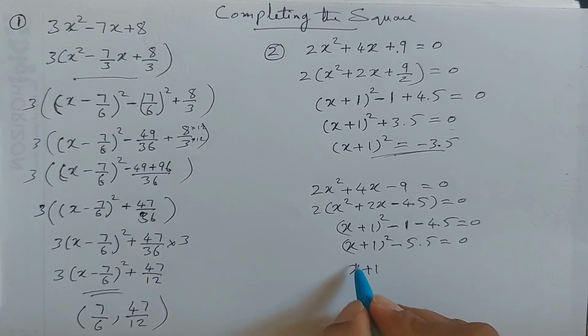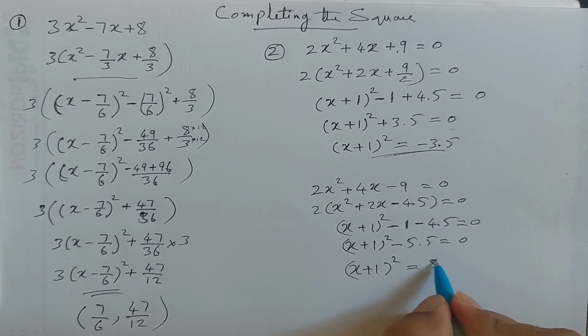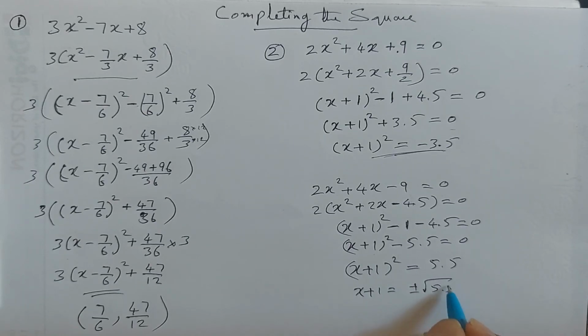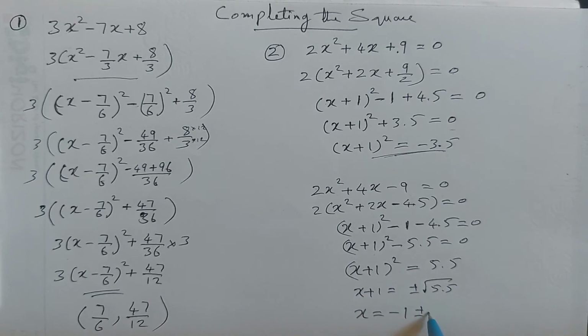So x plus 1 whole square equals 5.5. Then x plus 1 whole square equals plus or minus square root of 5.5. So value for x is minus 1 plus or minus square root of 5.5. That's it. See the difference.